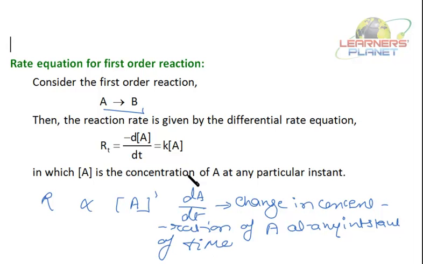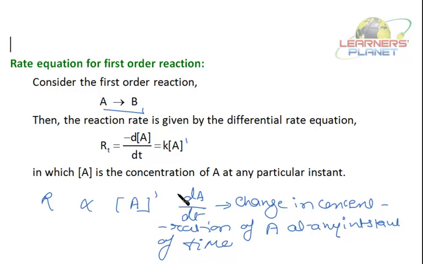Or this also gives you the instantaneous rate. Now that is equal to k[A]. What is this k? k is the rate constant, and A is raised to the power of the order, that is 1. Right? Now what this equation signifies is that if the concentration of A is doubled, the rate will also be doubled.